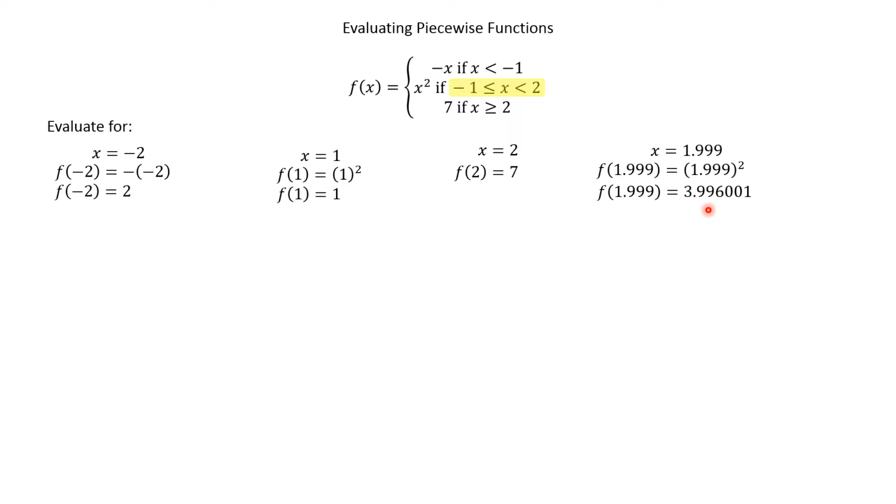Not quite 4, but basically 4. And so it jumps from being 4 to being 7. But when x equals 2, we do plug it into the one where it's actually equal. If we plugged in 2 to both of these and they came out to be the same thing, it would be continuous there.